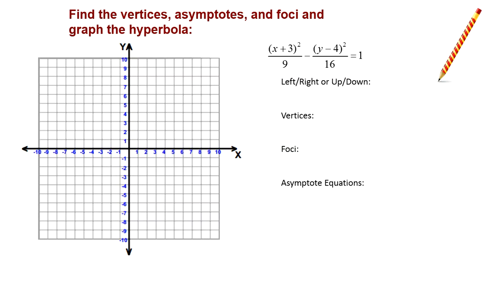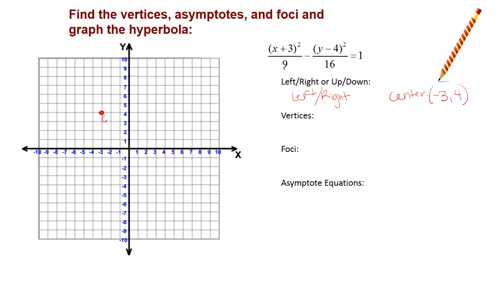The very first thing I'm going to want to find out is what is the center of my hyperbola. The center here is going to be the opposite, so it's going to be -3. So I'm going to start at -3, and y is going to be 4. So my center is (-3, 4), right here. Put a big C right there. I do know I'm going to be left and right, so we're going to go left, right.